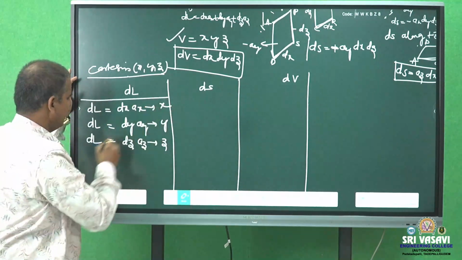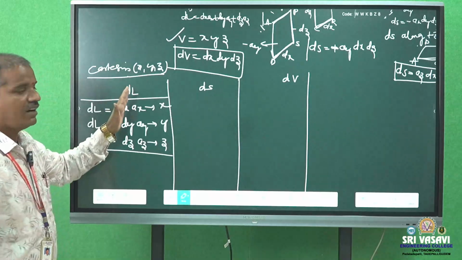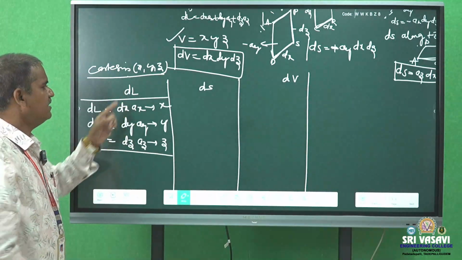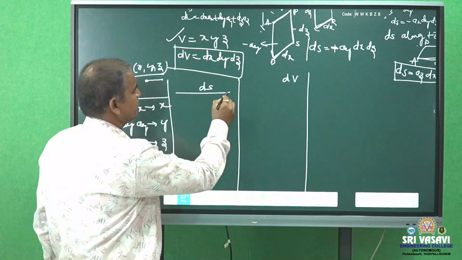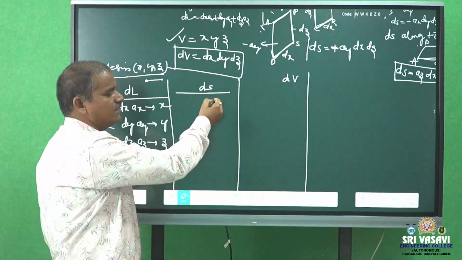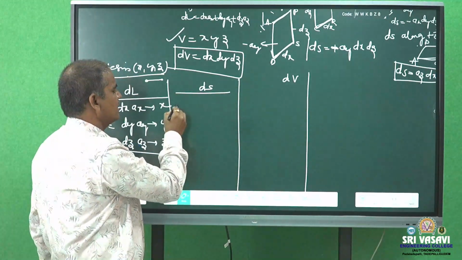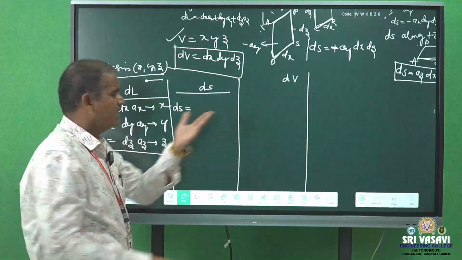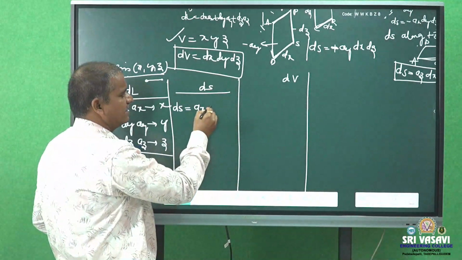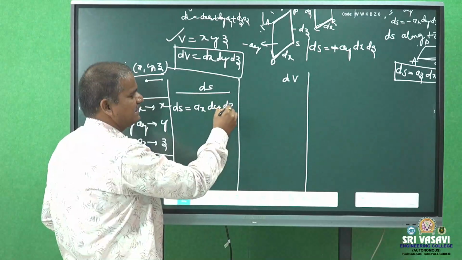So these are all differential lengths along x comma y comma z, because length is distance between only the two points. Coming to the surface, surface means already mentioned length and width. So differential surface along x direction, there is no differential component dx. Unit vector ax is there. Remaining components dy, dz.